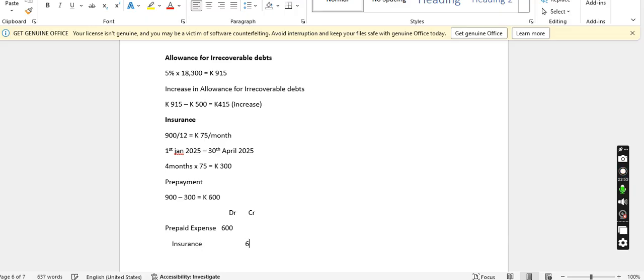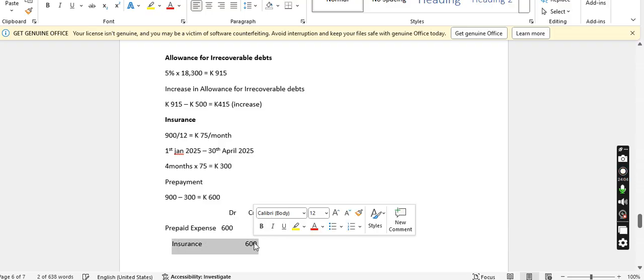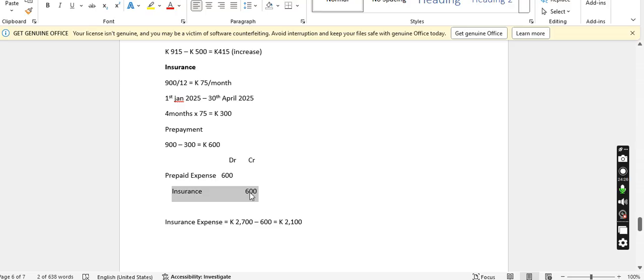Remember, according to the matching principle in accounts, you record revenue and expenditure for the same period. So this 600 kwacha is regarding the next year. So we need to remove it out of the insurance expense, because we're only interested in the insurance expense for this year. So this credit entry means we're going to deduct from the insurance expense in our books.